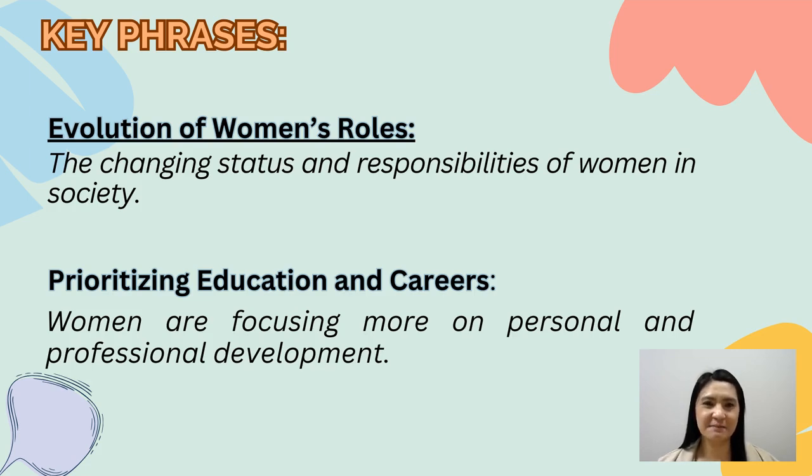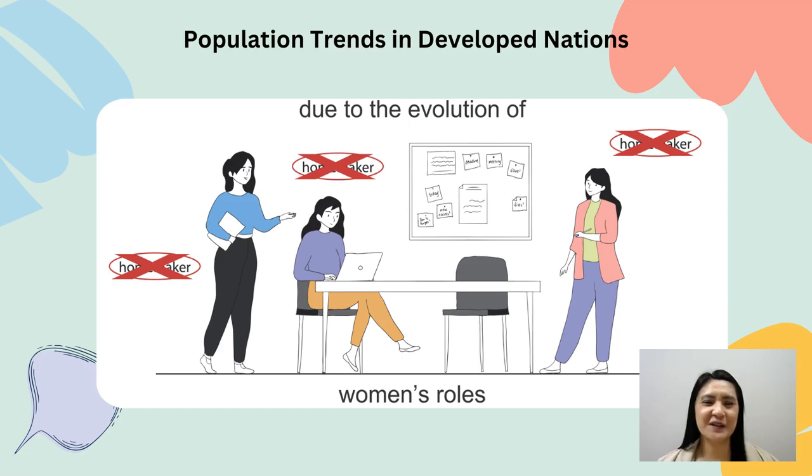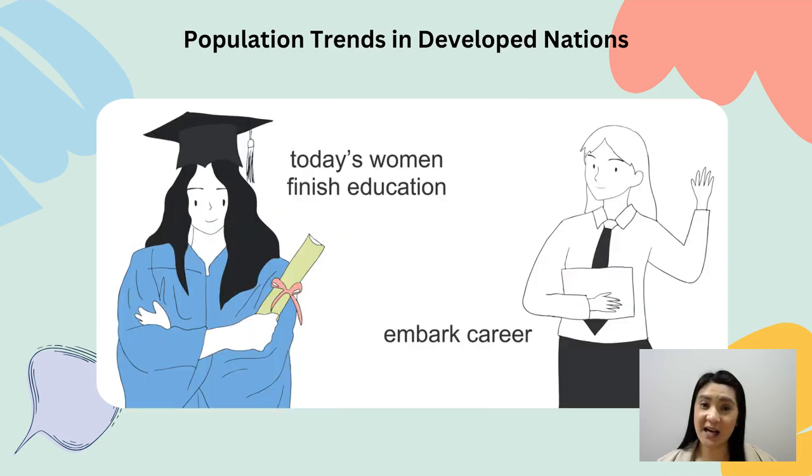What does this mean? Evolution of women's roles means the changing status and responsibilities of women in society. Prioritizing education and careers means women are now focusing more on personal and professional development.